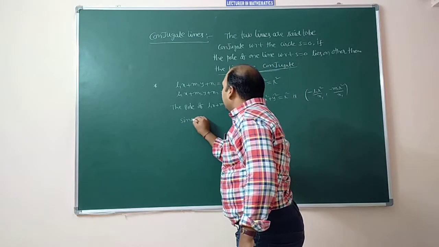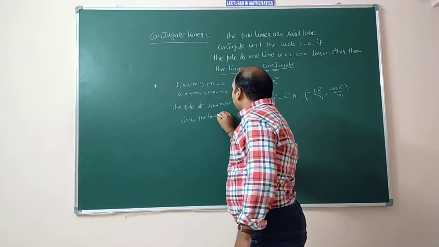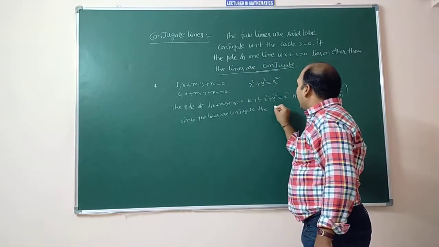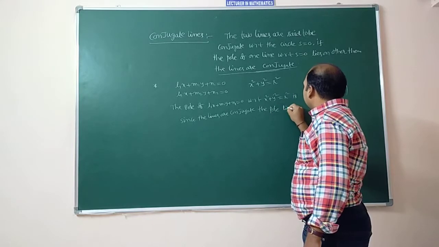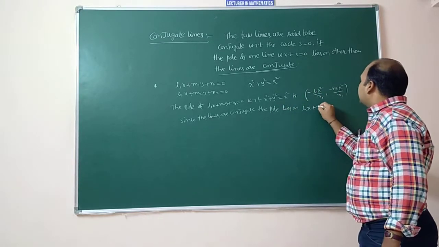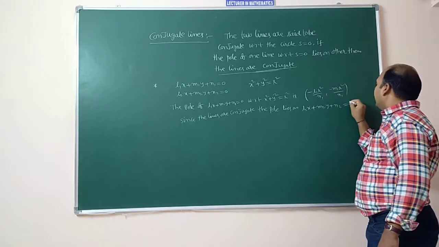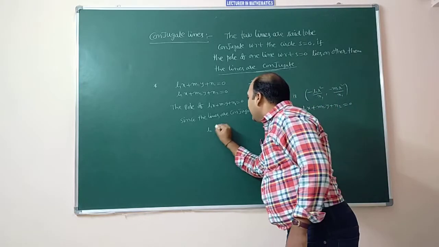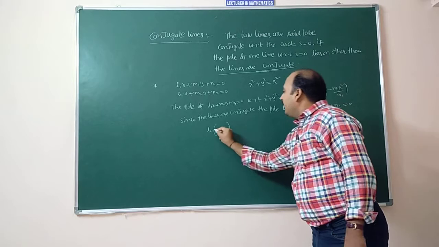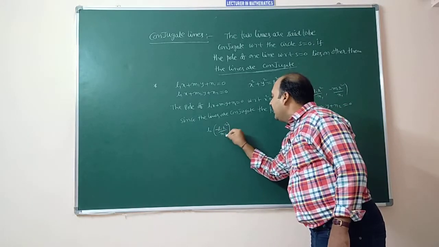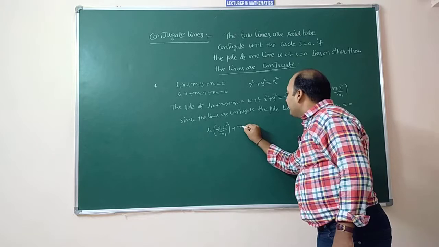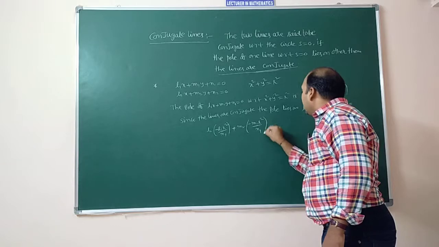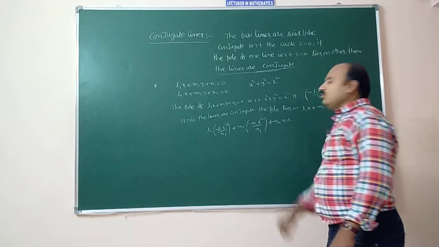Since the lines are conjugate, the pole of the first line lies on L2x + M2y + N2 = 0. Wherever x, y is there, you have to replace these values. That is L2 into (-L1 r²/N1), M2 into (-M1 r²/N1), plus N2 is equal to 0.